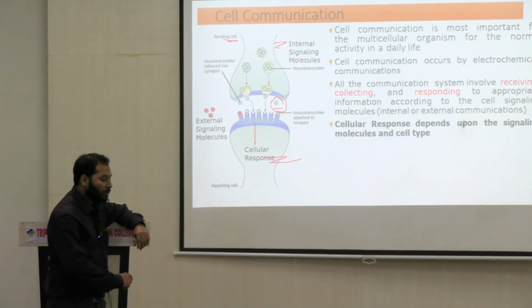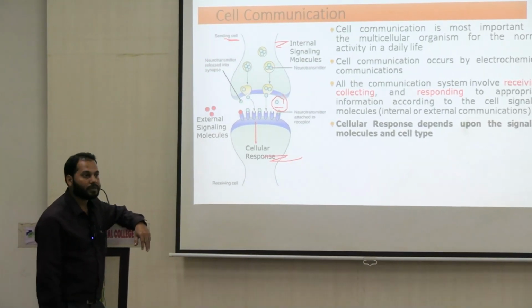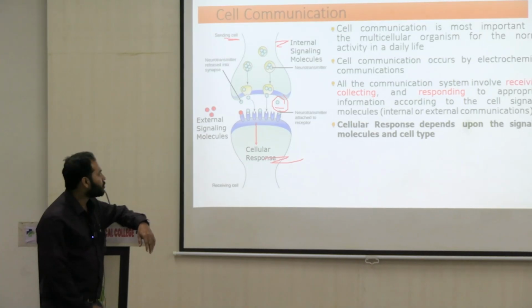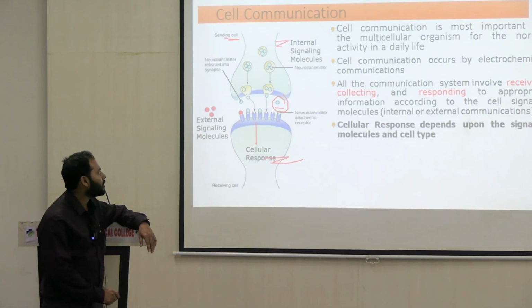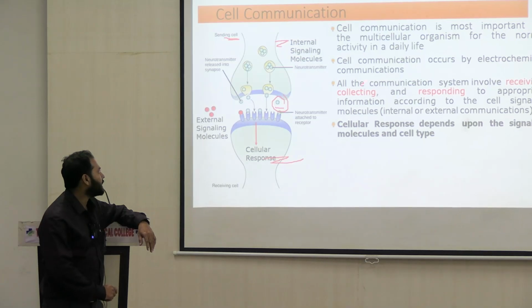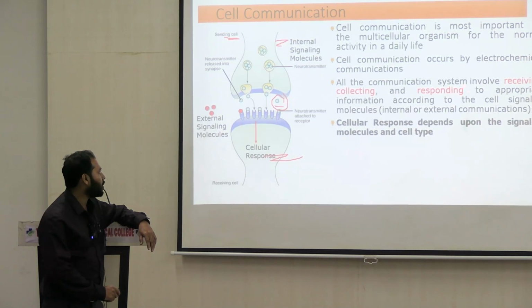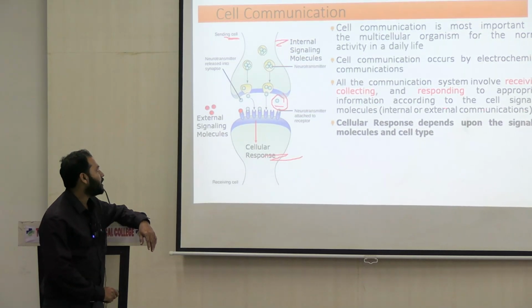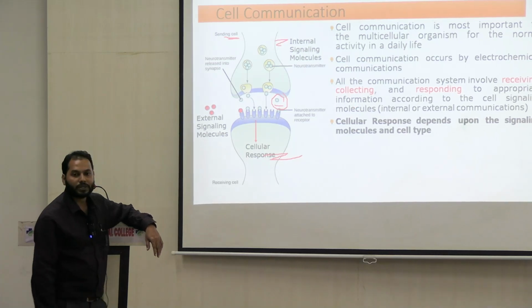Here you can see this communication process involves three major steps. So these are the major steps. All communication systems involve receiving, collecting and responding to appropriate information according to the cell signaling molecules.